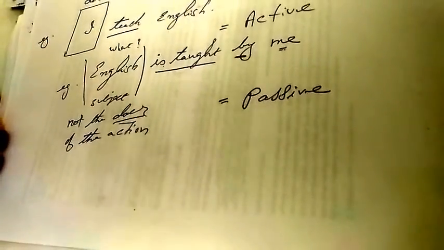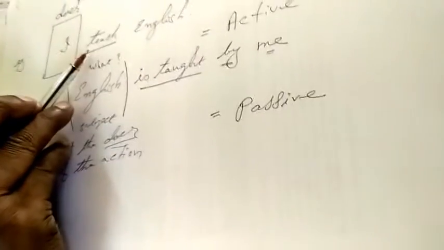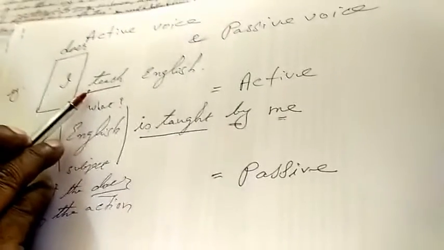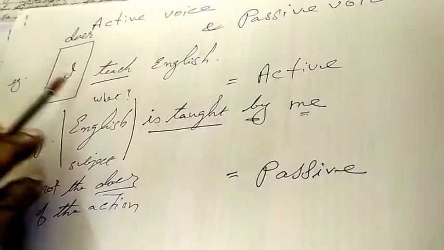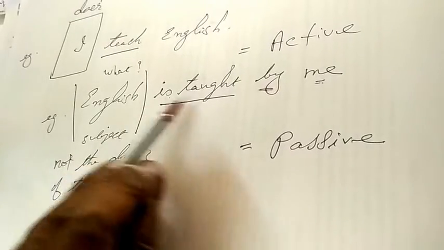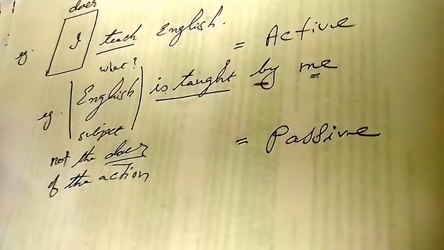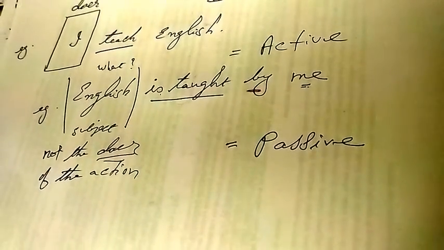They are all, I should say, misguided ways. The easiest and the quickest way to identify a passive voice is its verb combination. Look at the verb here. Teach, which is a simple tense. Look at the verb here. The combination is taught. Is also simple tense. You will identify it this way.